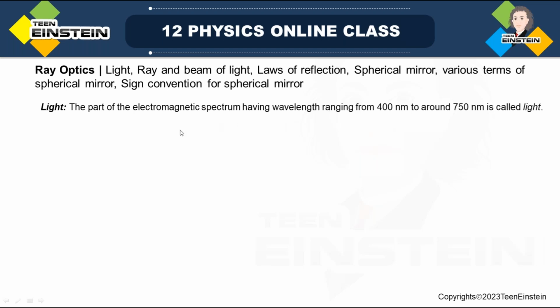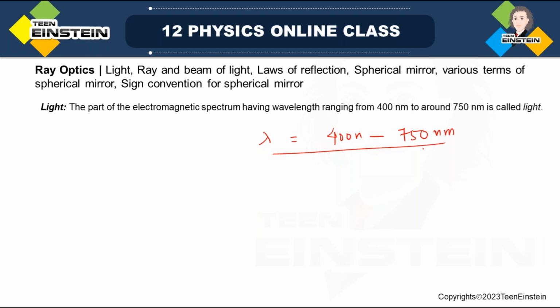So let us start our discussions. What is light? We have already learned electromagnetic waves, the spectrum of electromagnetic waves. Light is a part of the electromagnetic spectrum, the part which has wavelength ranging from 400 nanometer to around 750 nanometer.